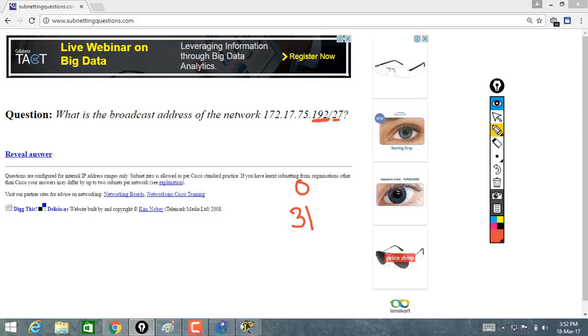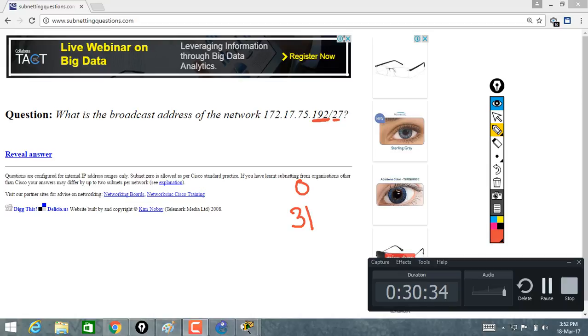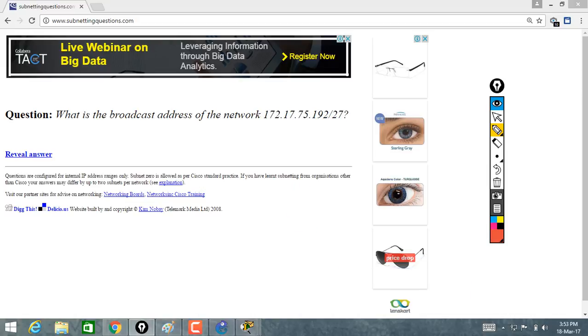So what we can do: here it is /27, the block size we have got is 32, and the last value is 192.